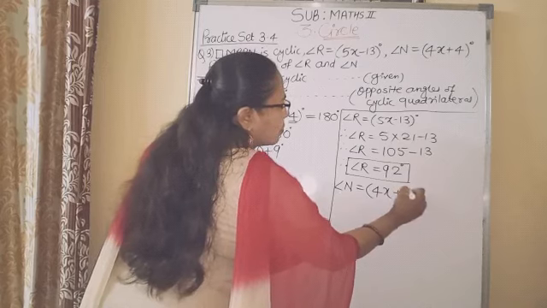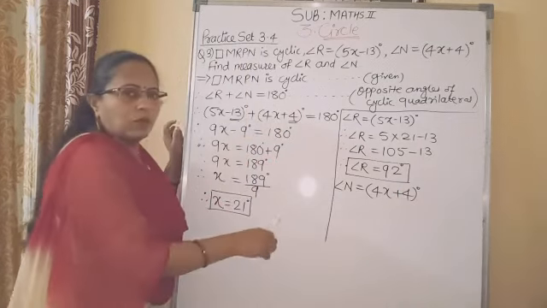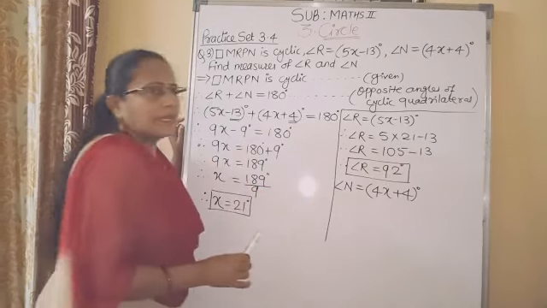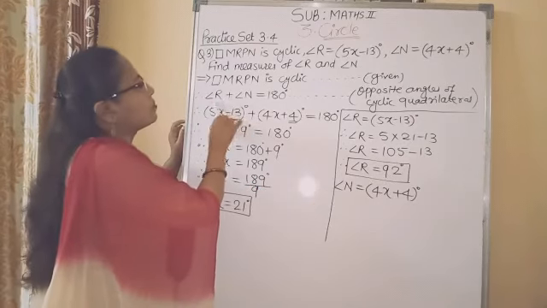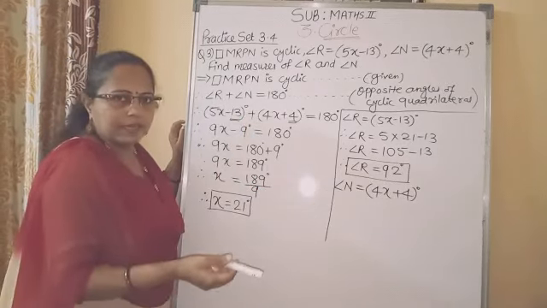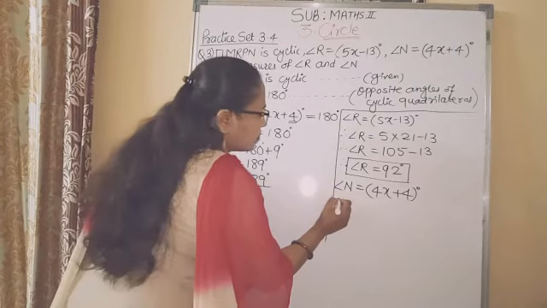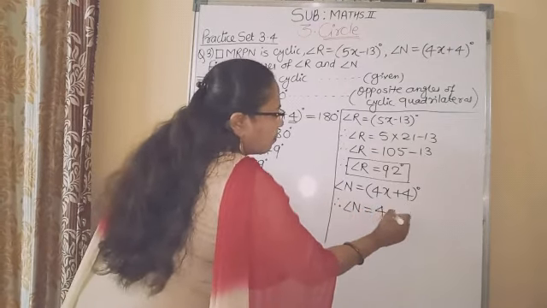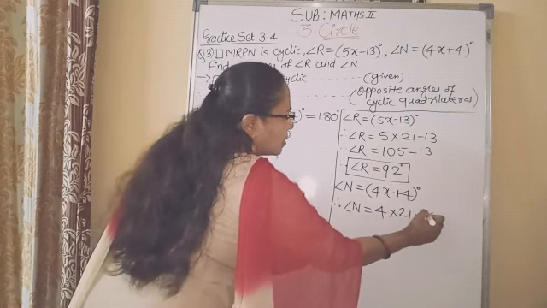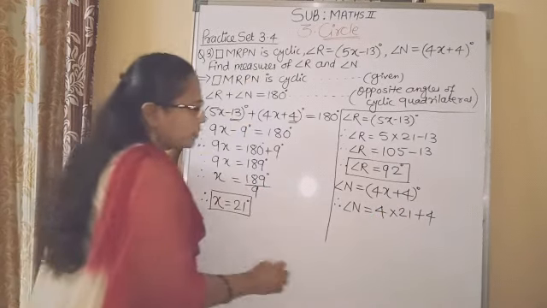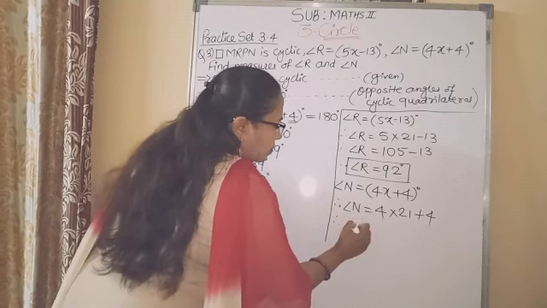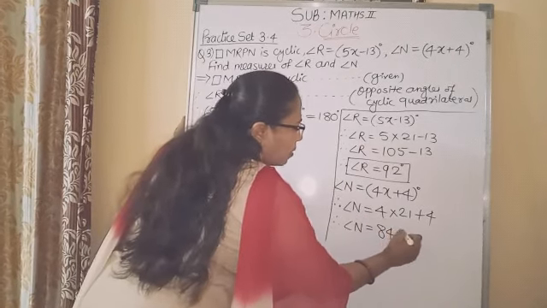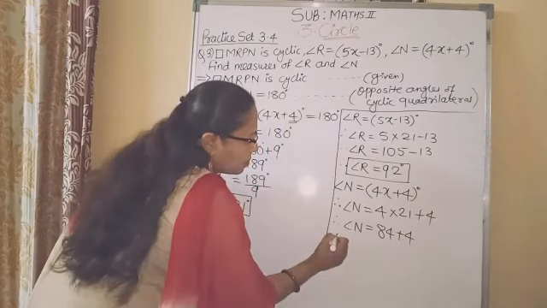Angle N is 4x plus 4 degree. You can also find angle N as 180 minus 92, because we know the sum of these two angles is 180 degree. That way also you can find it. 4 multiplied by 21 plus 4, x is equal to 21, 84 plus 4.